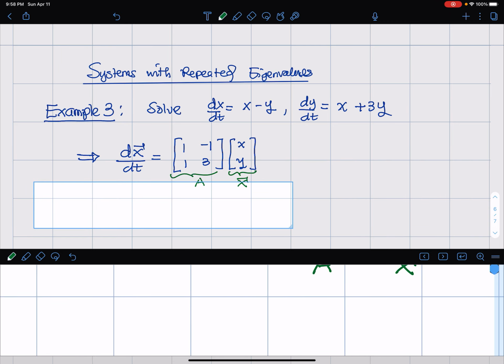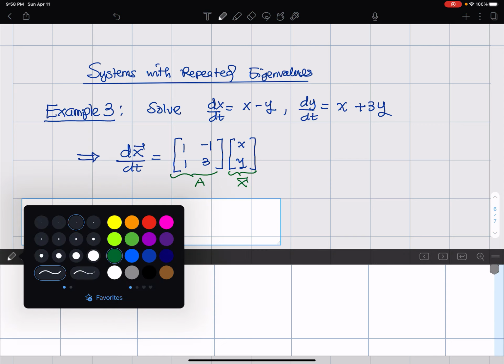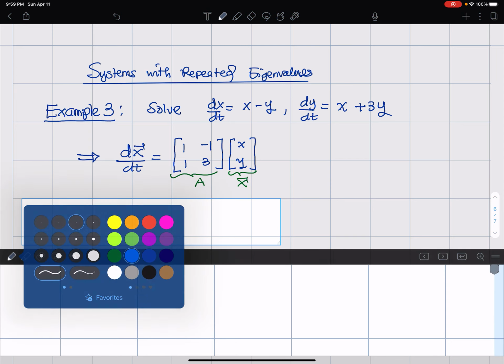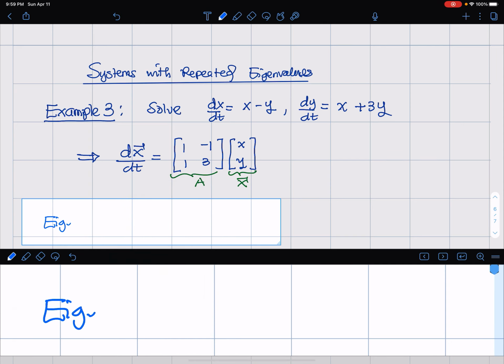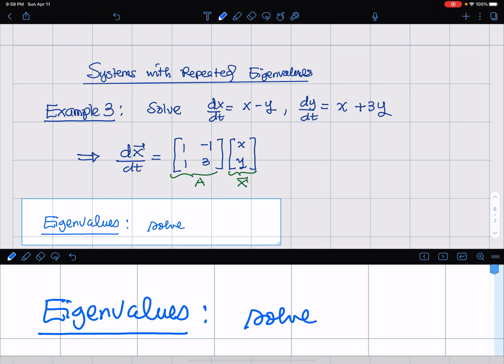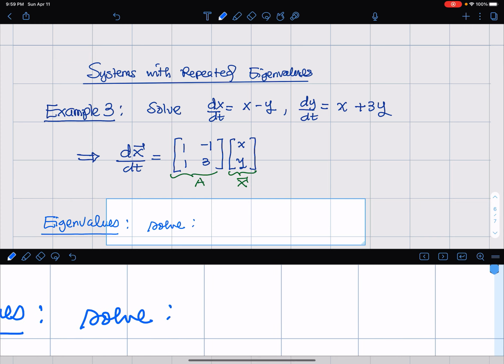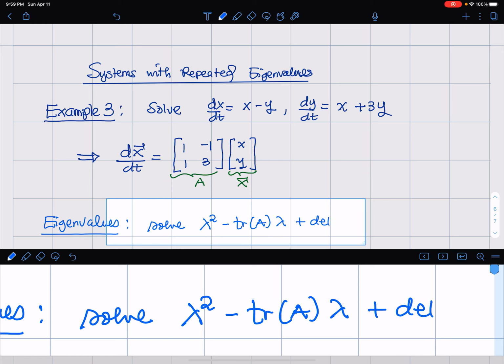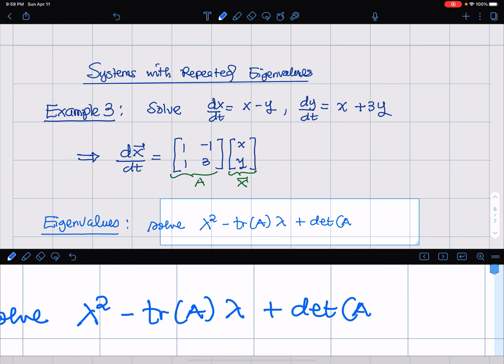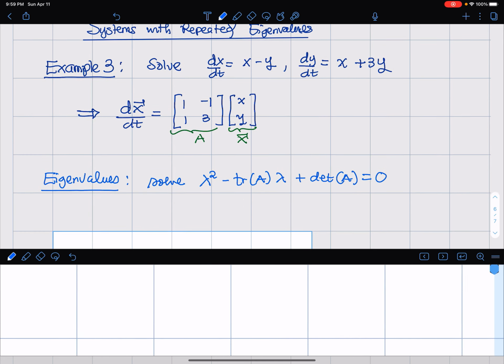All right, so let's look for the eigenvalues. For the eigenvalues, we need to solve lambda squared minus trace of A lambda plus determinant of A is equal to 0.